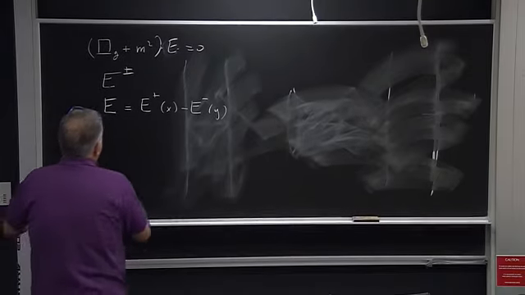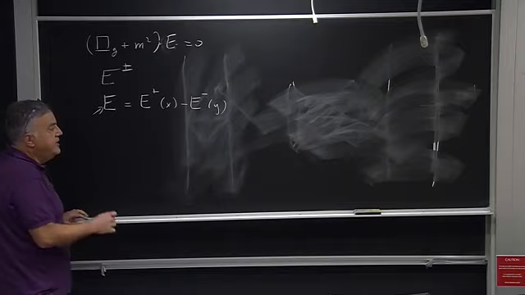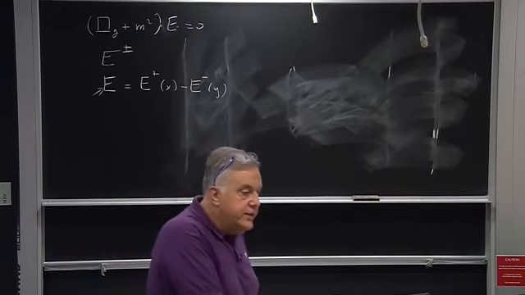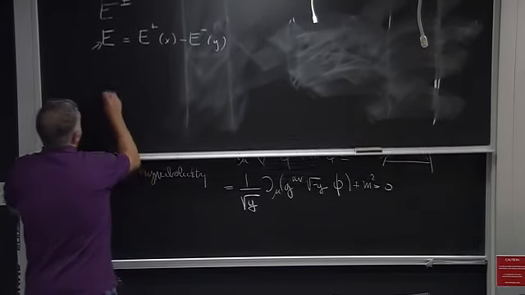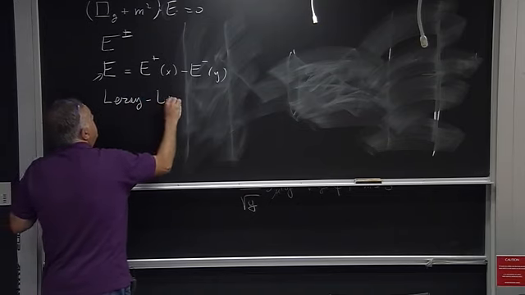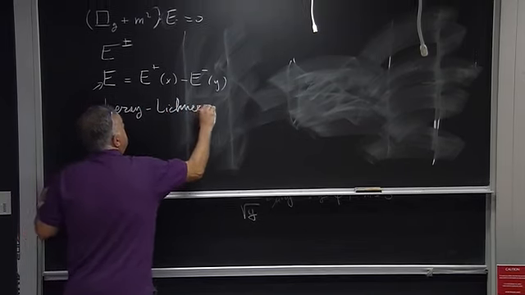If you want to have a model, think of the Pauli-Jordan function. Of course, in curved space, constructing it might be difficult. We will do it in the examples. But there is a theorem which is due to Leray and Lichnerowicz, which tells you that this exists for a globally hyperbolic manifold.